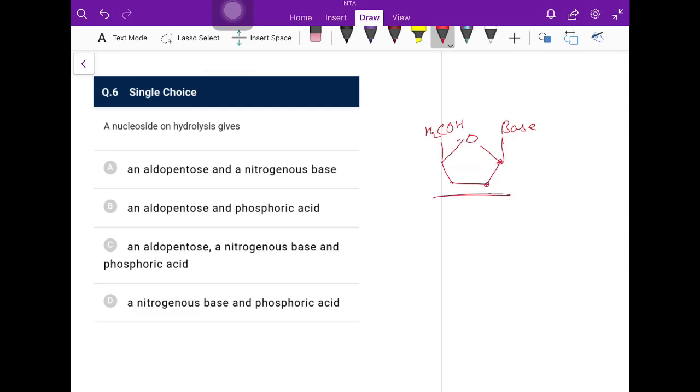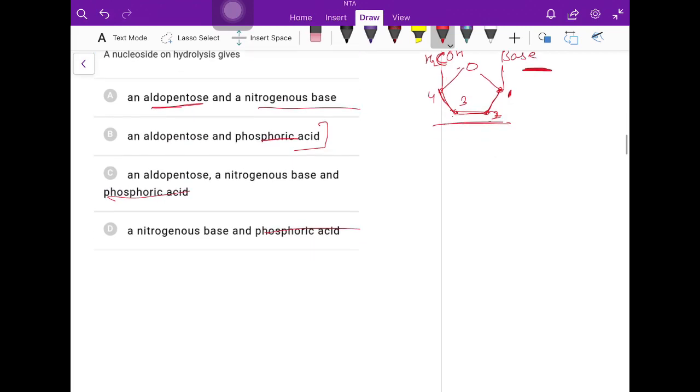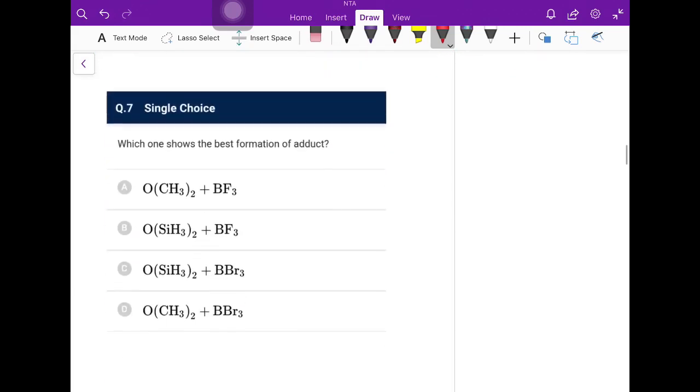The ring contains 4 carbon, but actually the chain will have 5 carbon atoms: 1, 2, 3, 4 and 5 carbon are present here. So it will be a pentose, an aldopentose, and a nitrogenous base. This does not contain any phosphate group, so phosphoric acid will not be formed. So these are the wrong answers. If it were a nucleotide, then all 3 of them would have been formed.